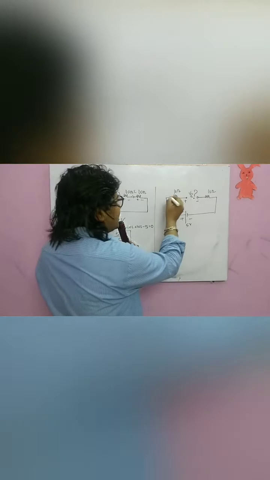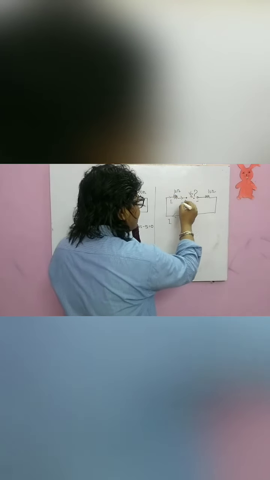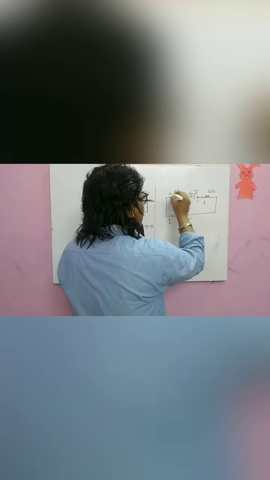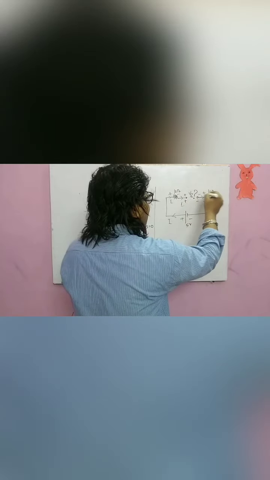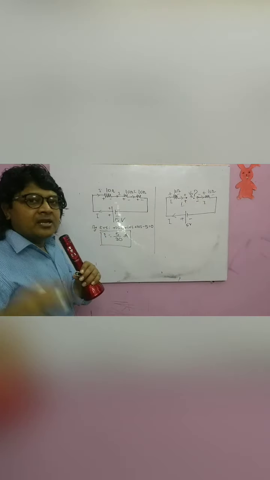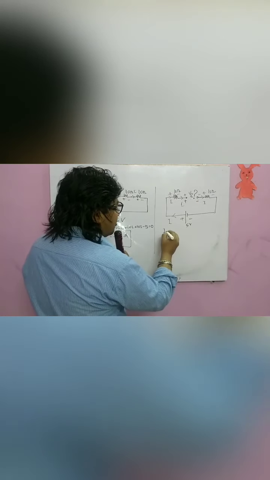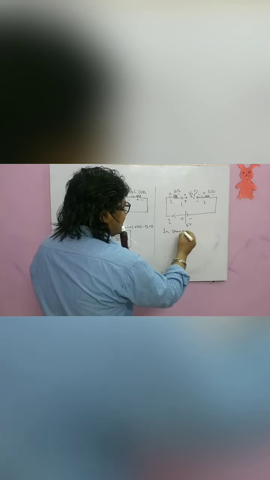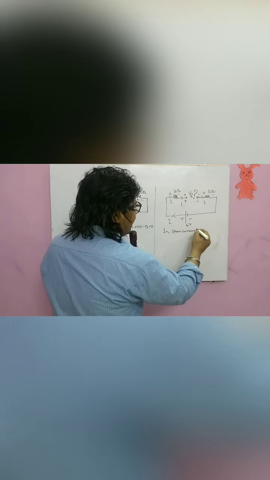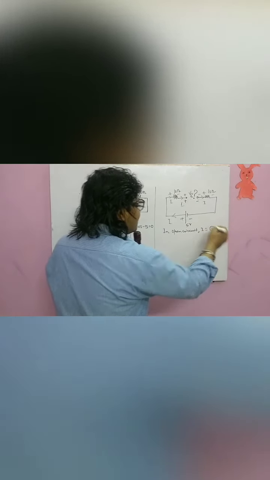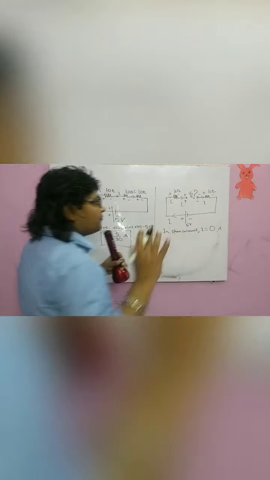Right? So current I is flowing, plus minus, plus minus, and again plus minus. Fine. But mind it, because this is open circuit, in open circuit what happens? Current is 0. So current doesn't flow.